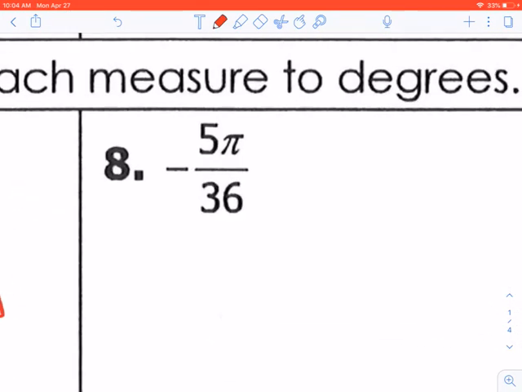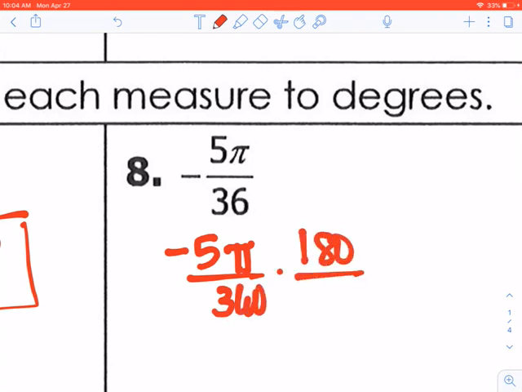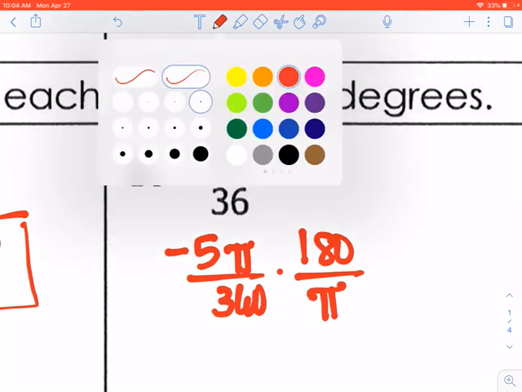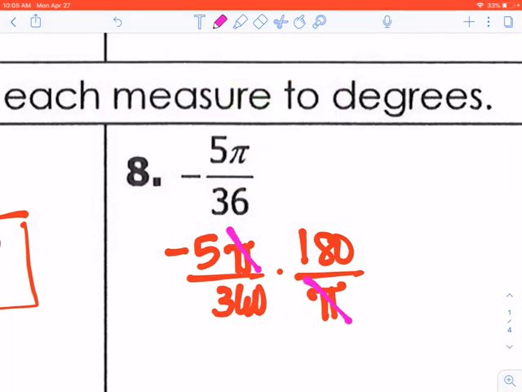Going on to number 8, negative 5 pi over 360, and I will multiply by 180 over pi. Okay, and just as I said, these pi's will always cancel, and then you can reduce as much as you can. Oh, I put 360, not 36, my bad, sorry.